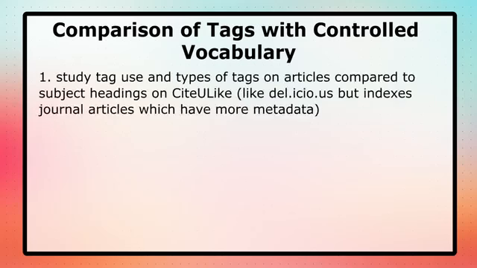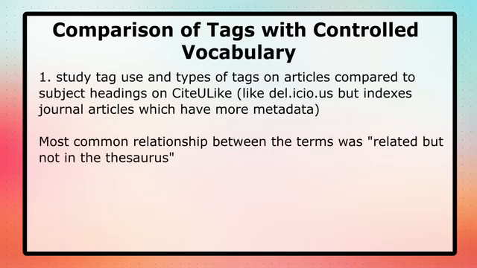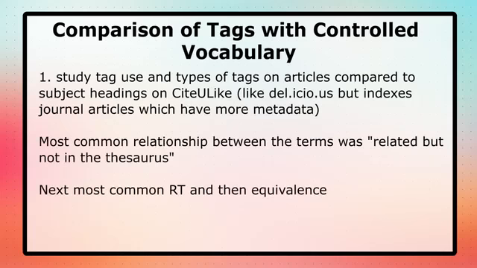First, tag use and types of tags on articles were compared to subject headings on sites like CiteULike, which indexes journal articles, which are more material. The most common relationship between the terms was related but not in the thesaurus. The next most common was related term, and then equivalence.